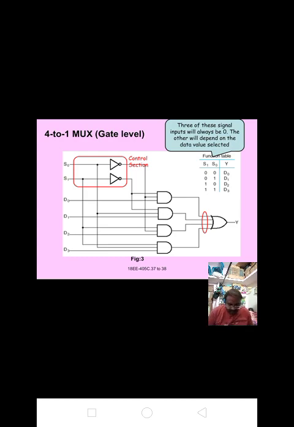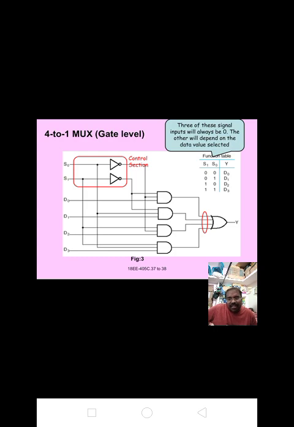Here we are giving inverter outputs to the input sections also. For the first AND gate we have given 0 0 as the input as well as D0. If we select 0 0, we get the output y as D0.